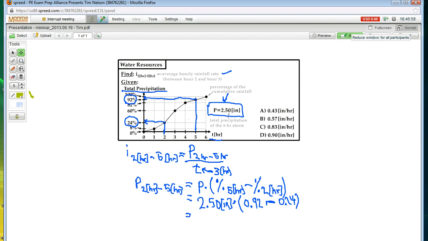Give me just a moment, I'll calculate that out. Go ahead and calculate this yourself if you haven't already. So 0.68 times 2.5. Bam, I got 1.70 inches.